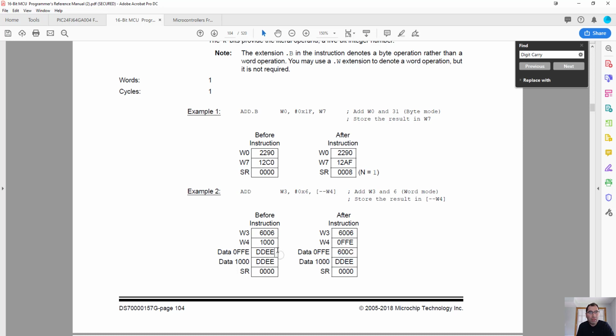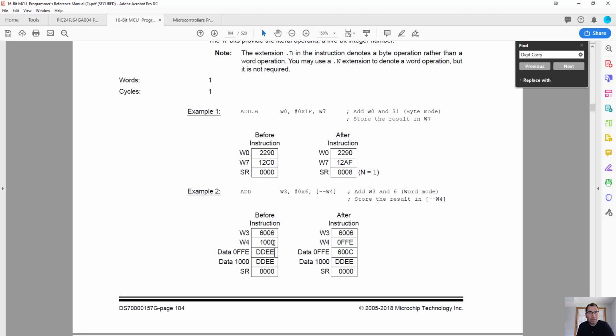But again, what changed is FFE, right? Because this indirect operator instruction says first decrement the address location in W4 and put the sum value in that decremented address location.